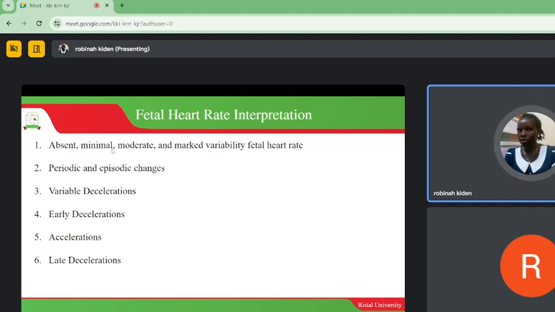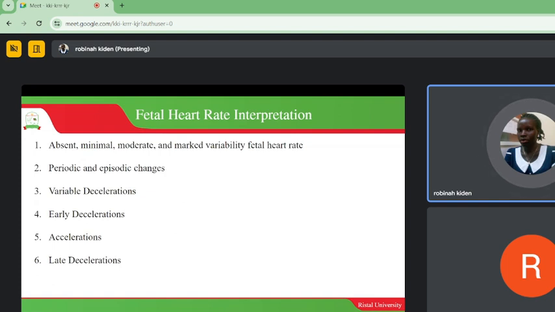Then minimal. Does it beat but minimally? Is it weak? Then moderate. Is it not too low, not too high? Then marked variability. So all this we put into consideration.